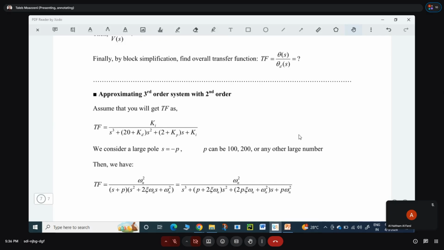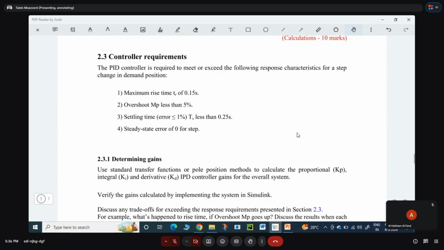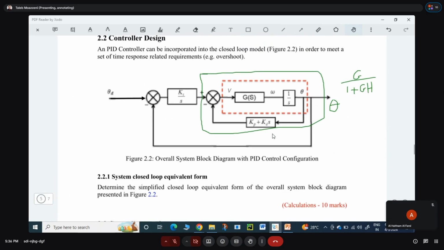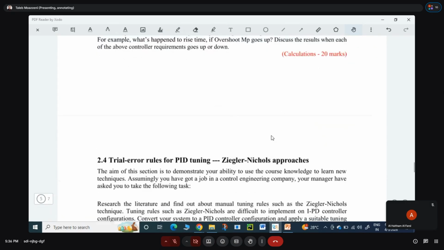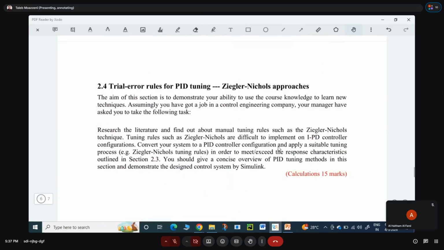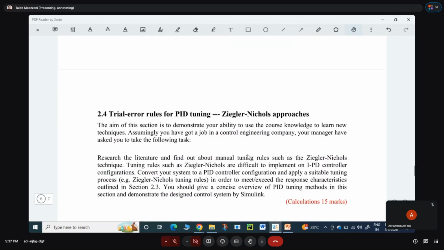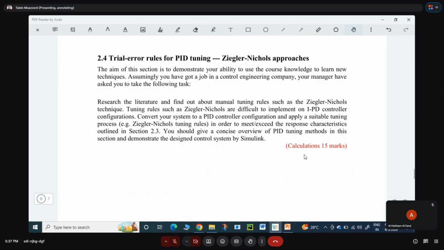So these are the parameters, control design, and plot. And there is another part, 15 marks, that depends. Sometimes I consider it as a discussion part.